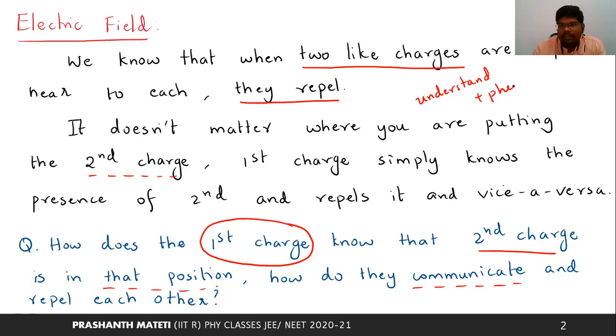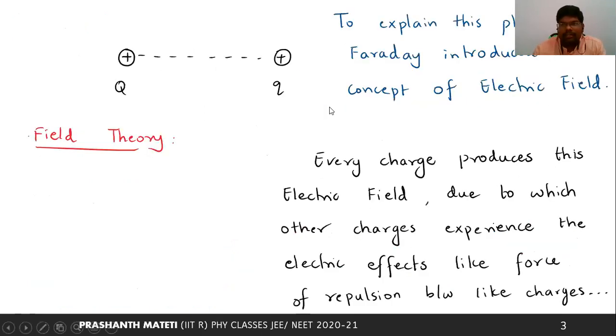So in order to understand this thing which is really happening, Faraday has given the concept of field. In order to explain this phenomenon, Faraday introduced the concept of electric field, putting forward the field theory. What does it say?